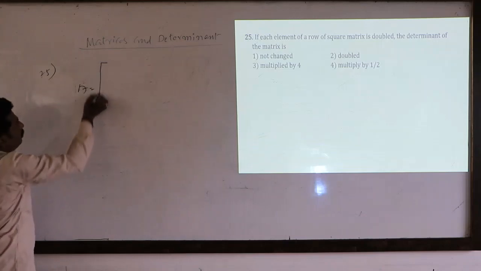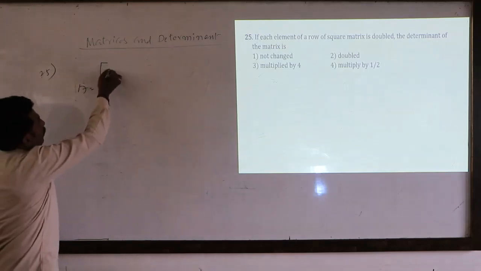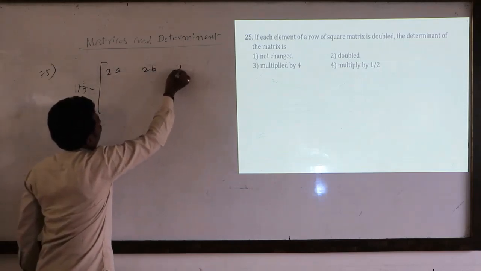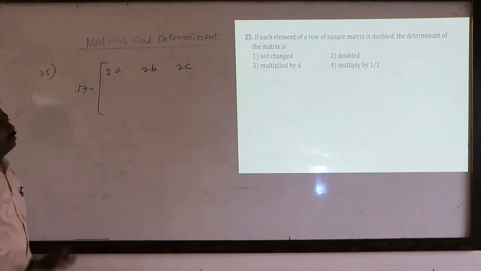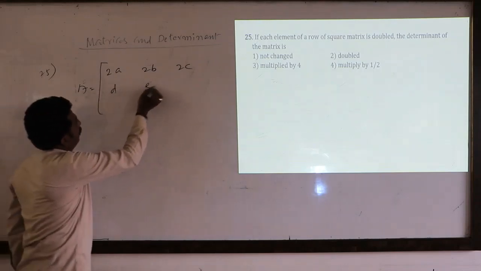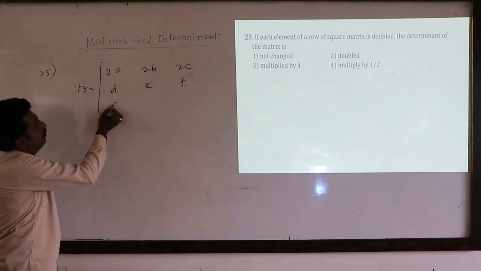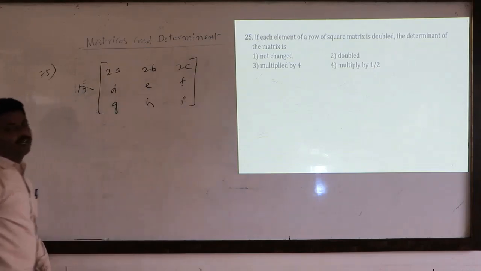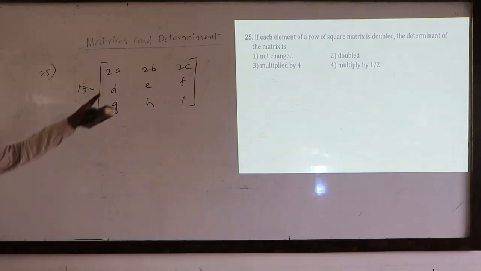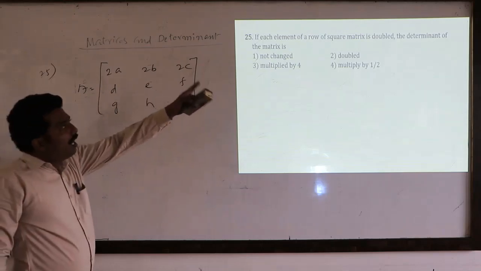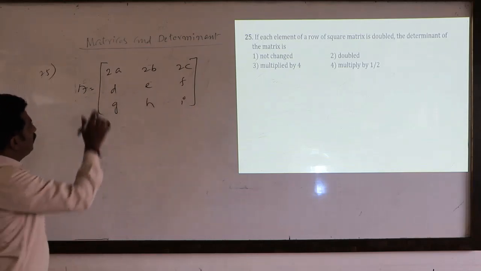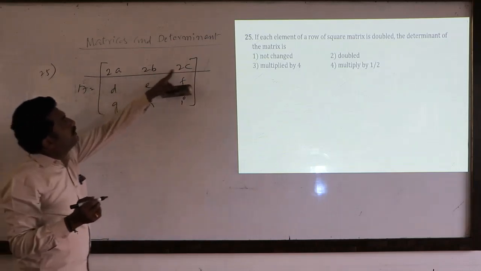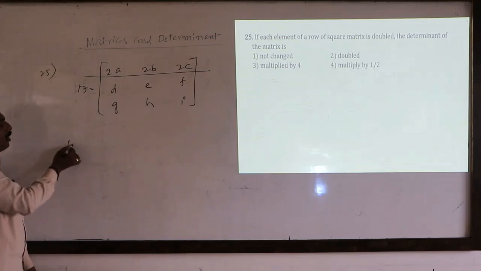Suppose A equals the matrix with first row 2a, 2b, 2c, second row d, e, f, and third row g, h, i. Each element of a row of a square matrix is doubled. If I take the first row, each element is doubled.